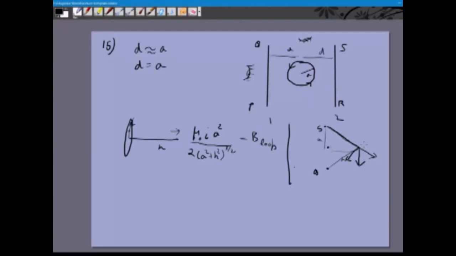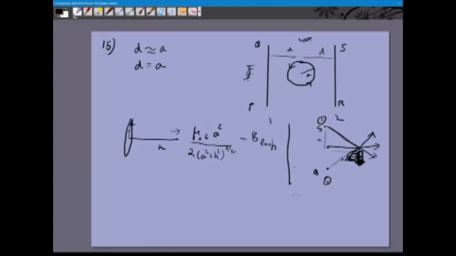But we don't want it to be in this direction, we want it to be in the horizontal direction. That means Q and S will have to have currents in the opposite direction. So let's say Q has current going into the plane. So this is the direction of magnetic field for Q. And S has the current coming out of the plane. So the direction for magnetic field from S will be like this. And they will give the resultant here.